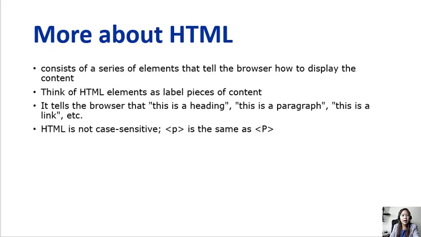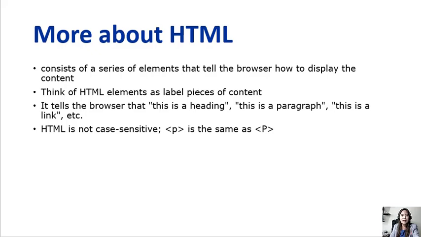So other things that you need to know about HTML is that it consists of a series of elements that tell the browser how to display the content. So it will specifically inform the browser, this is a paragraph, this is a table, this is how the table should look like, among other things.